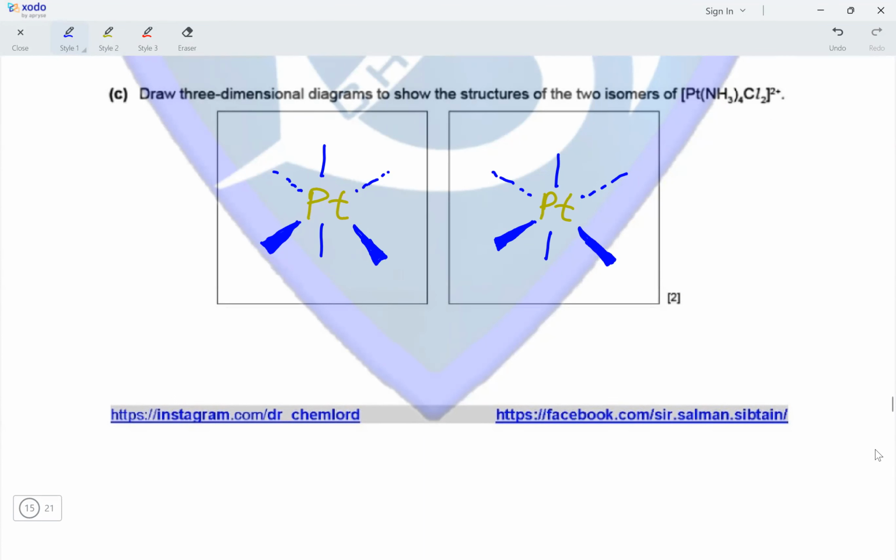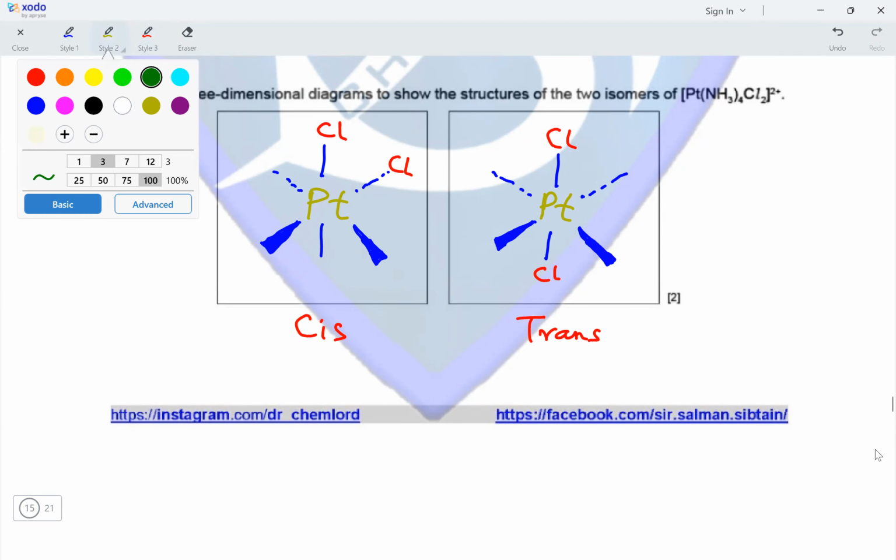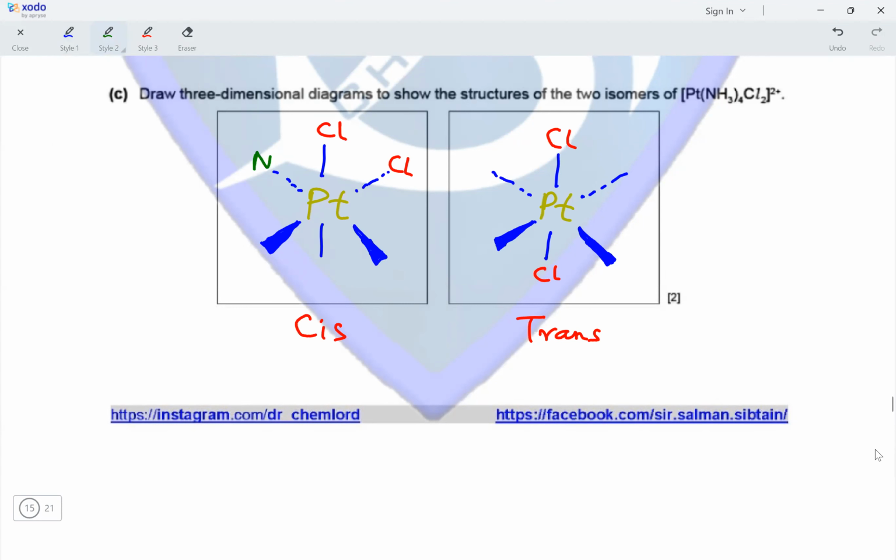So now let's place those chloride ions. Next to each other, we can place them this way on adjacent positions, and diagonally opposite can be placed in this way. So we label this as the cis isomer and this as the trans isomer. Now all the remaining positions will be filled out by ammonia. So NH3, NH3, NH3, NH3 on the cis isomer, and the remaining positions on the trans isomer will also be occupied by the monodentate ammonia ligand.